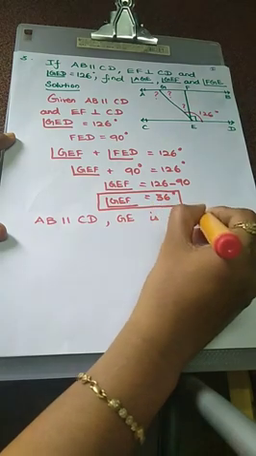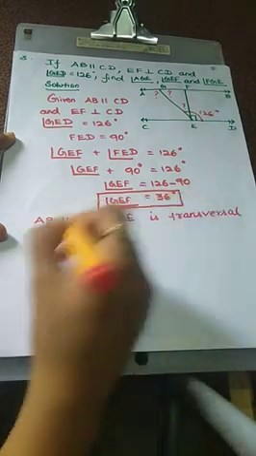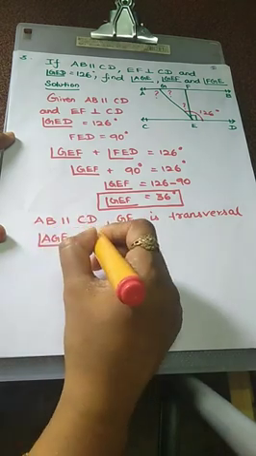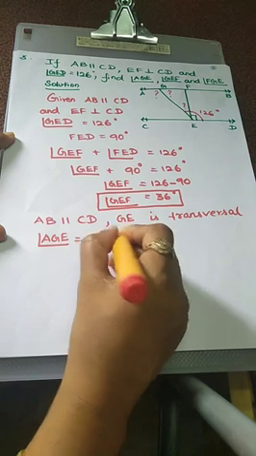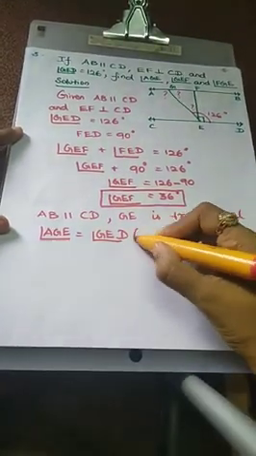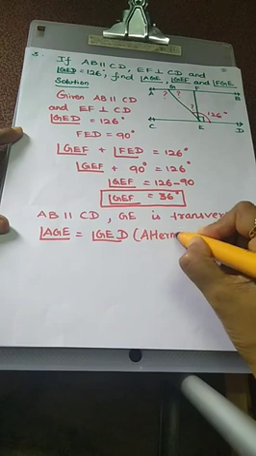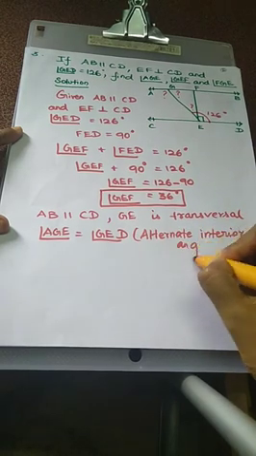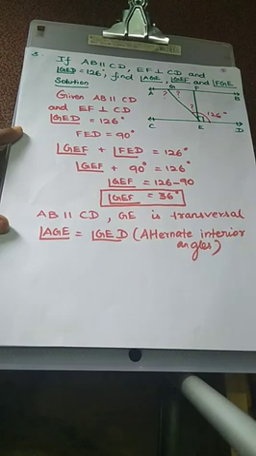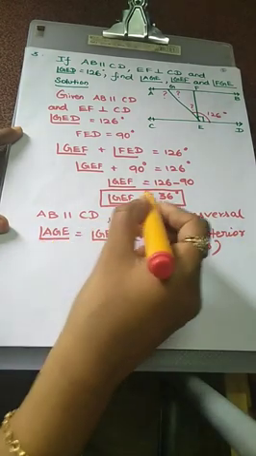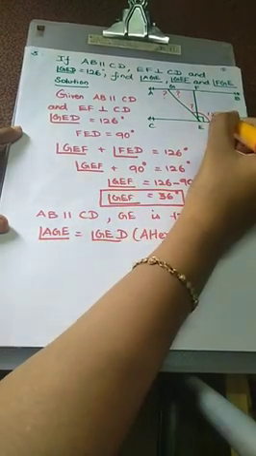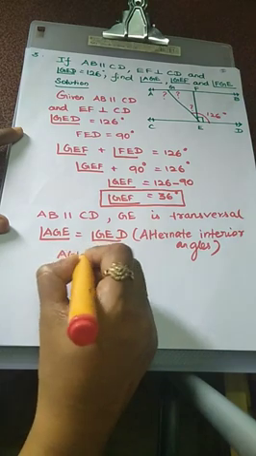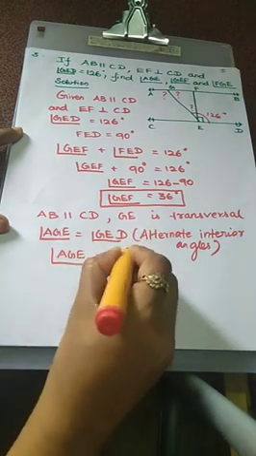So angle AGE is equal to angle GED. Why are these two angles equal? Alternate interior angles are equal. And just now one of the angles is given, that is GED 126 degree. So easily we have to write angle AGE equal to 126 degree.